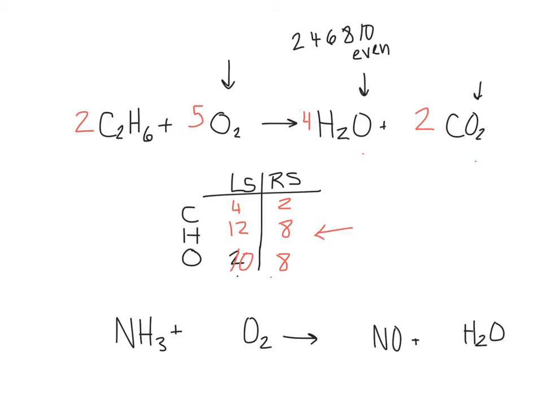So we now have 4. I'm going to go back to that carbon dioxide and change that to a 4, which gives us 4 carbons. Surprise, surprise. It's also going to change our oxygen, which becomes 8 plus the 4 we already have here. So that's 12, right? Okay, so our carbon is good to go, but our hydrogen and oxygen are not.